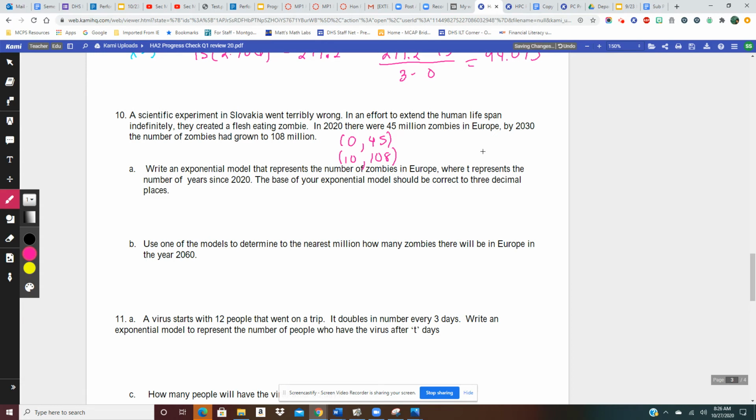Okay, so you have to do this y equals ab to the x again. So you're doing 108 equals ab to the 10th, and then 45 equals ab to the 0. Remember your a value is already given, so you're just solving for b. So you do 108 divided by 45.